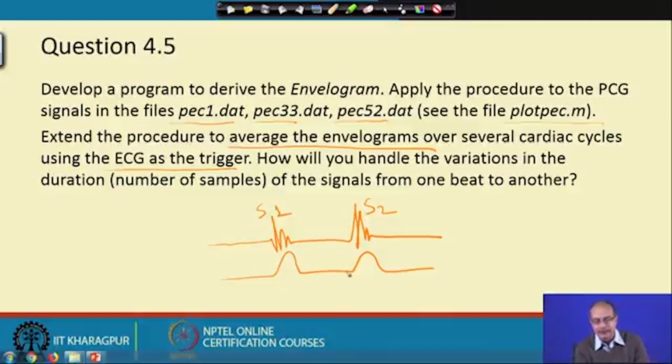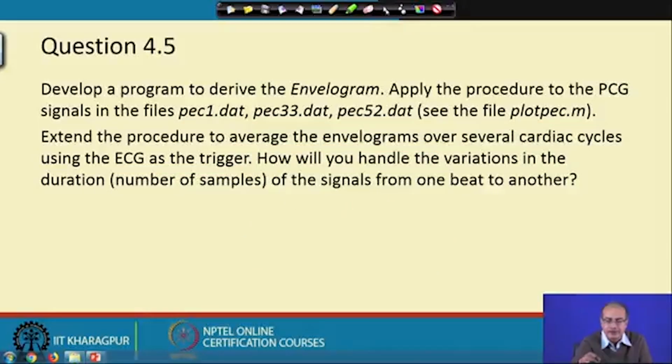Another challenge is that the beats are not exactly equal, because ECG is a pseudo periodic signal, not exactly periodic but nearly periodic. So there would be some variation in the length of the signal. How do we take care of that? That is the challenge we face here.